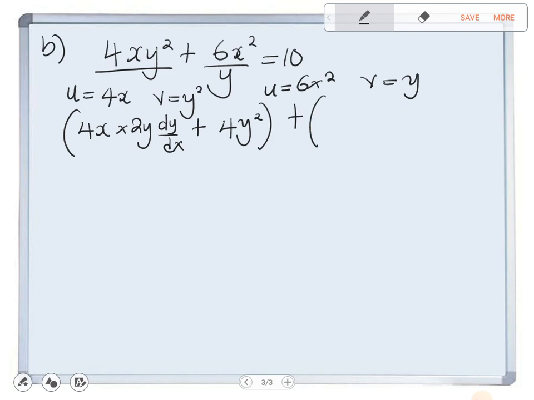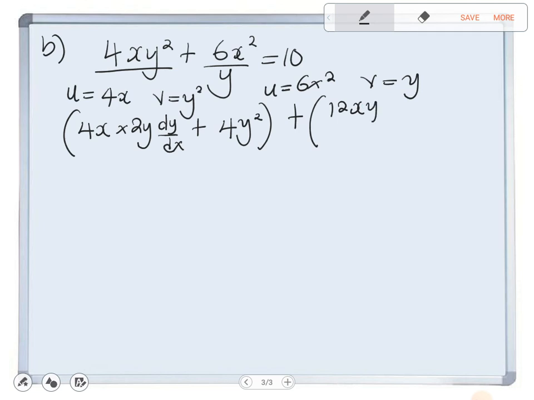Here, how do we do it? We differentiate this one, which gives 12x, and we keep the denominator. That's how it's done: you differentiate, you keep.